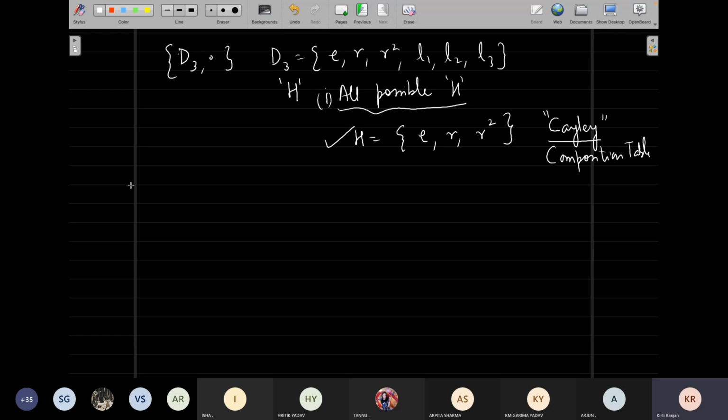Yeah, good. By the way, there is another way of detecting a subgroup rather than checking all the individual properties.